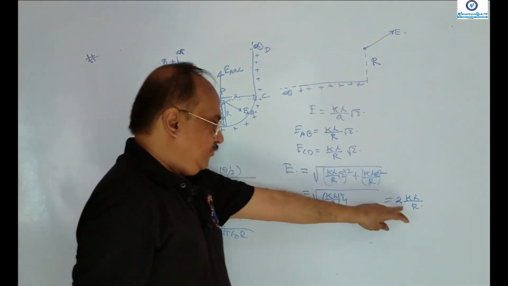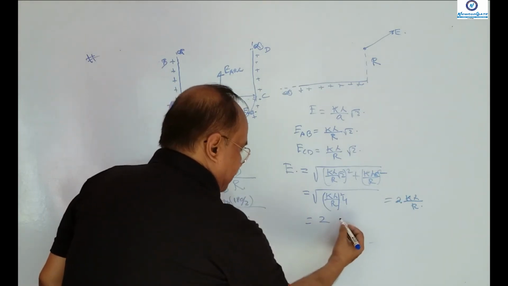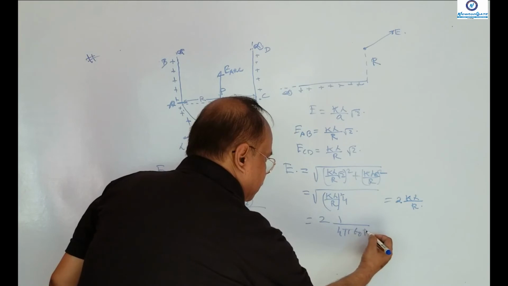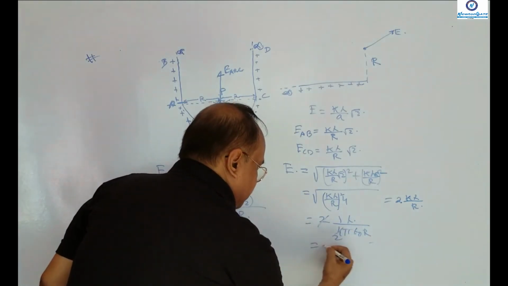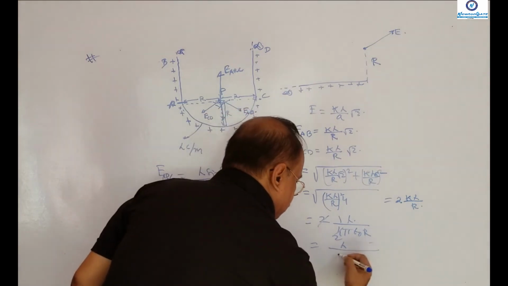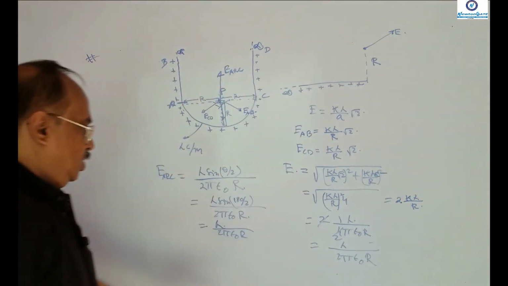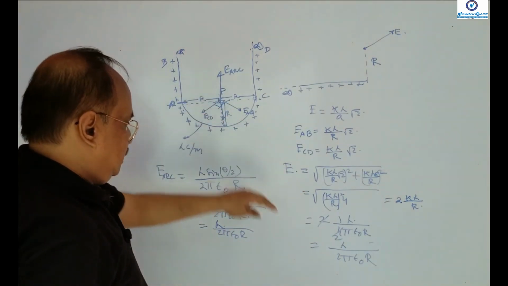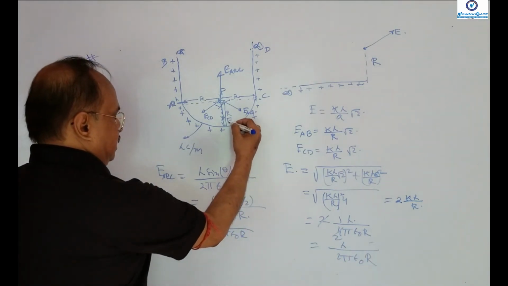And what we are getting from here is equal to 2, in place of k I can write 1 by 4 pi epsilon naught r, and lambda is here, this 2 and this 2 get cancelled, that means it is coming lambda by 2 pi epsilon naught r. So here you see this is E, due to this side this E is lambda by 2 pi epsilon naught r.